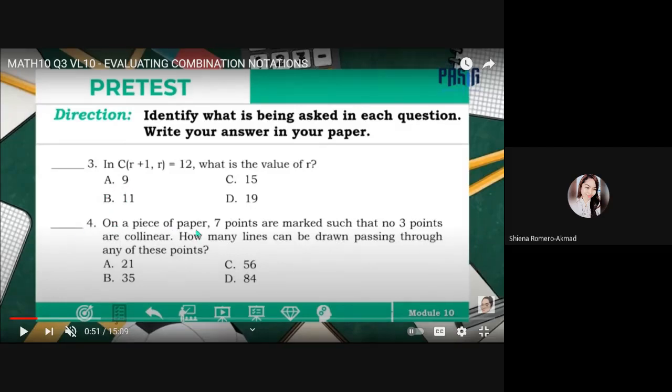For number 4, on a piece of paper, 7 points are marked such that no 3 points are collinear. How many lines can be drawn passing through any of these points?